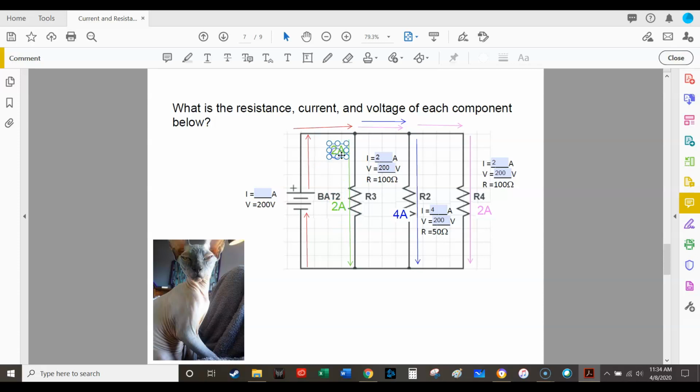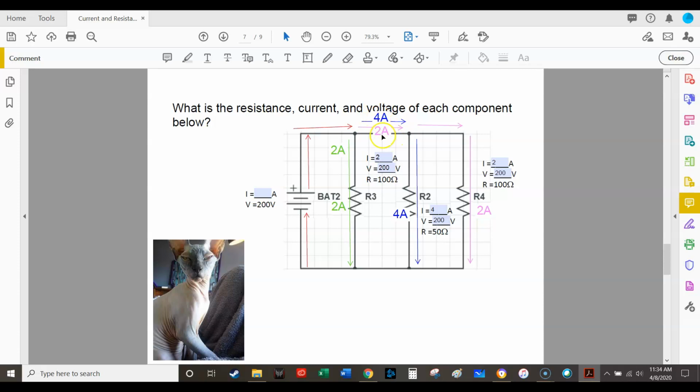You have red coming in, 2 amps is leaving through one path, and you have 4 amps plus 2 amps leaving on the other path, right? So red is coming in and 2 amps is leaving, plus another 4 amps is leaving on another path.